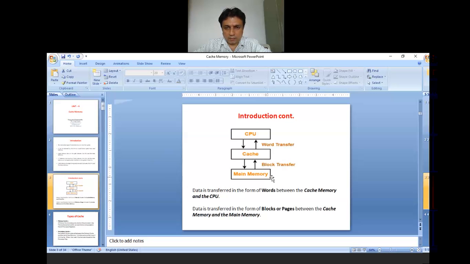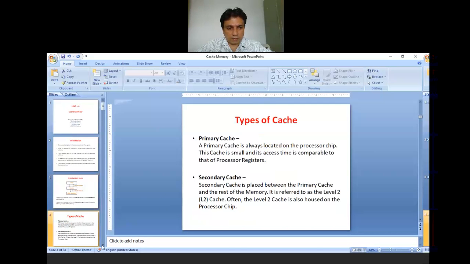So this diagram is very important. The data transfer between cache and CPU is known as the word transfer, whereas the data transfer between the main memory and the cache memory is known as the block transfer. This we already discussed in our last class.